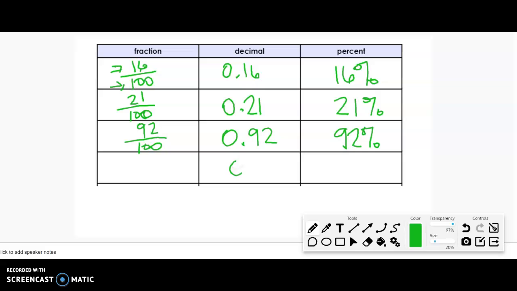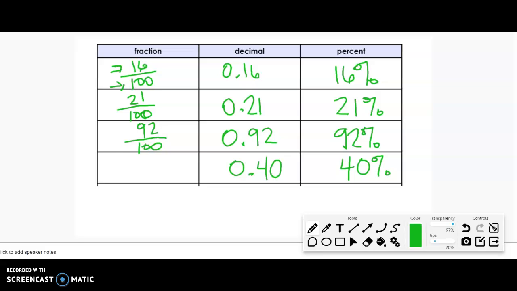Now this last one, sometimes we get decimals that are not exactly to the hundredths. They might just be to the tenths, or they might be to the thousandths. Either way, let's make it to the hundredths place. Think about, okay, 4 tenths is the same as 40 hundredths, so that's going to be my percent, because percent is the same as how many hundredths I have, because it's out of 100.